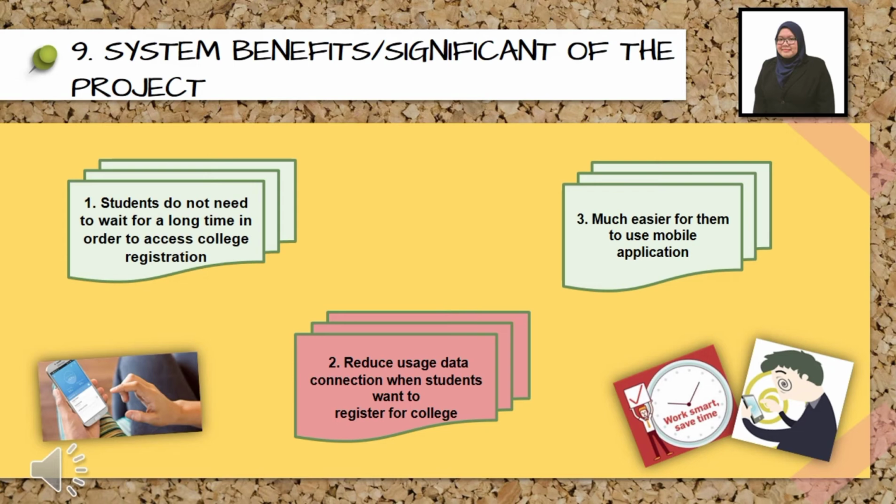Students feel attracted to apply for college registration every semester. Next, Coresta can also reduce data connection usage when students want to register for college, rather than using a laptop that might use a high data connection. This can help students save their data connection.